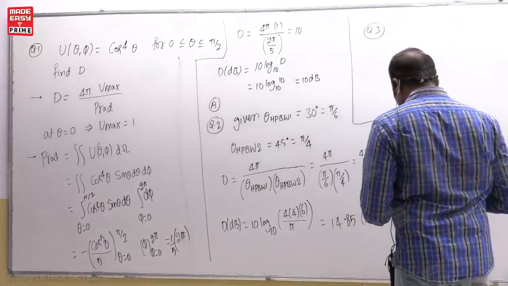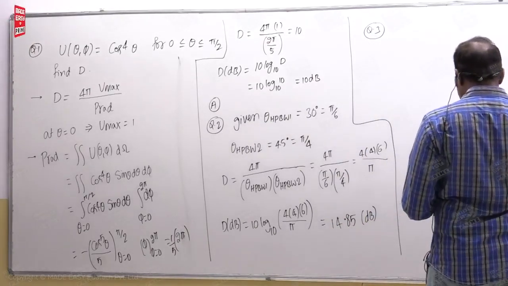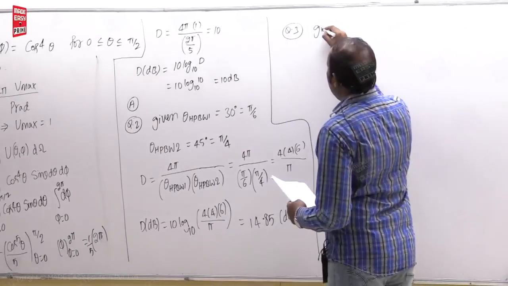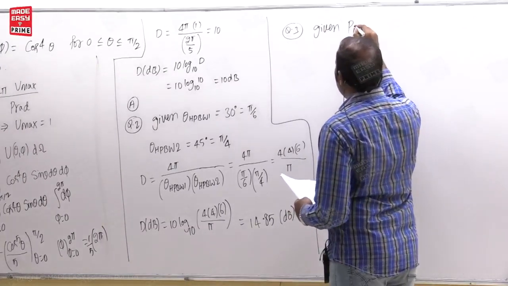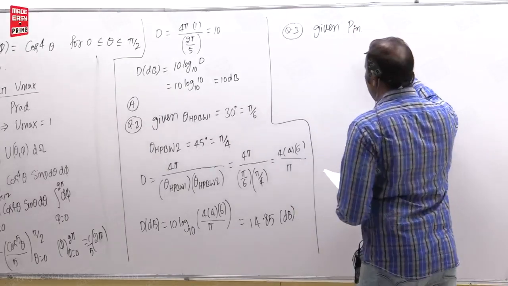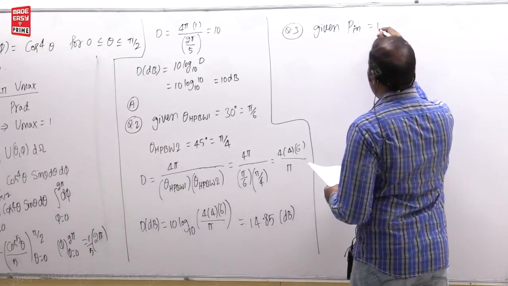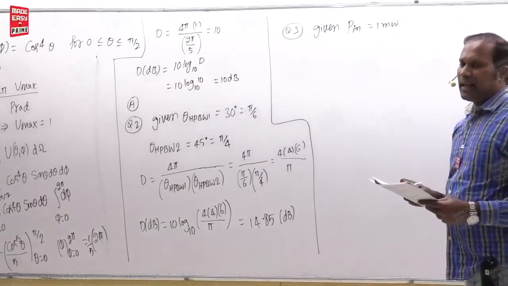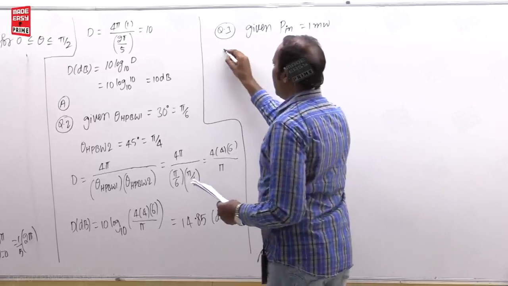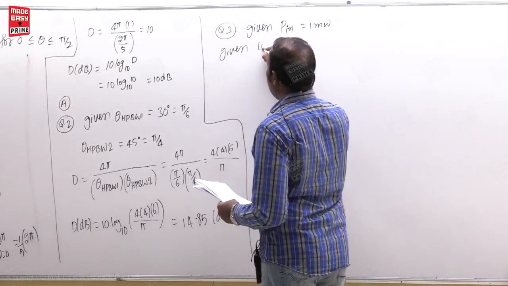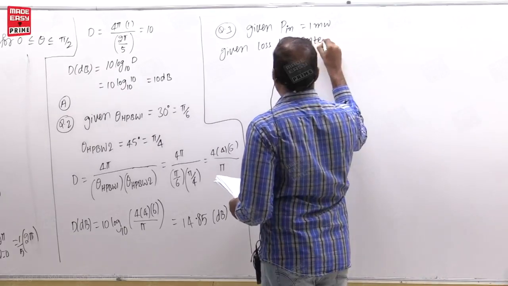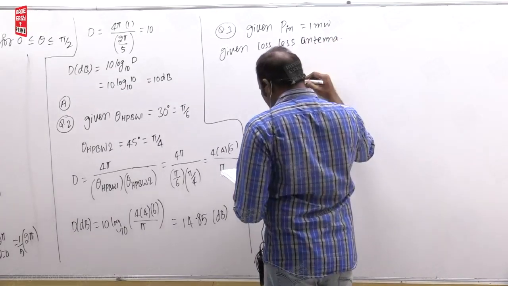Next, the third question. Here the entire story is given in the question, but the input power is actually 1 milliwatt. After the story, it is given as a lossless antenna. Can you see the notebook, dear students?